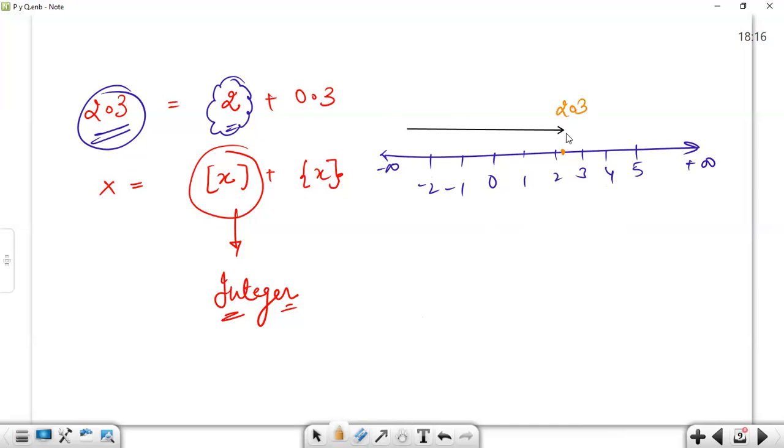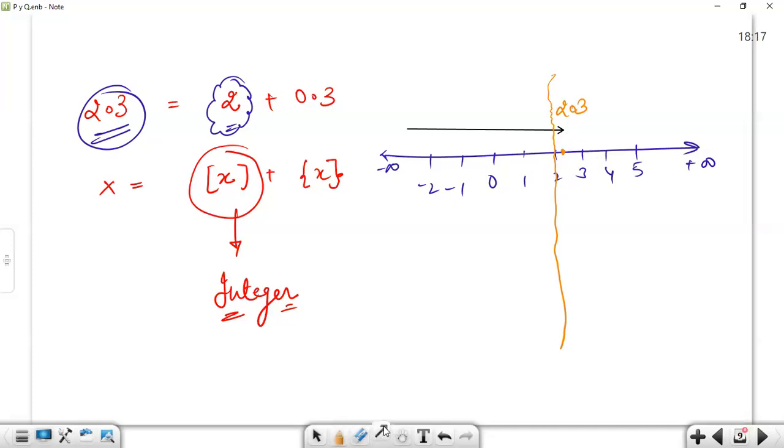But it is only going to consider whatever integer was, what should I say, backward from this point. So what integer was there? 2.